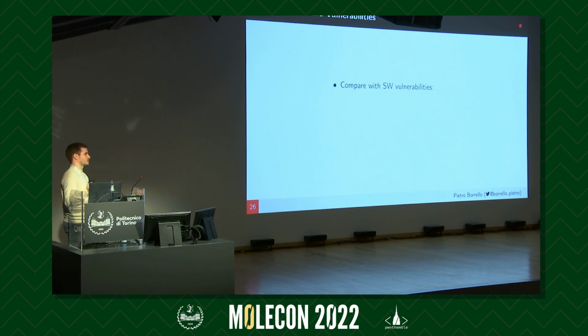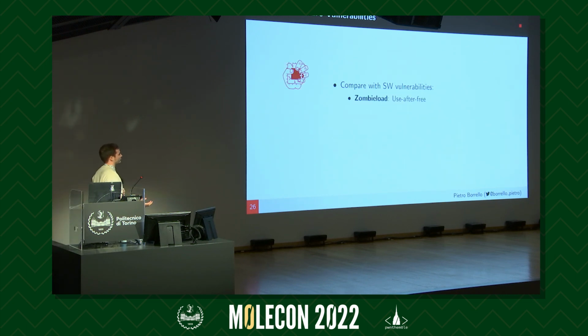If we think about existing vulnerabilities, without going into too much detail, ZombieLoad, which was leaking from line fill buffers, was literally a use after free. Line fill buffers were allocated by the CPU and then reused for other data, but they were also still in use. And this simply meant that when you access them, you will leak data.